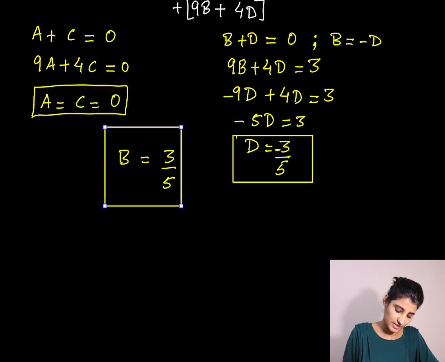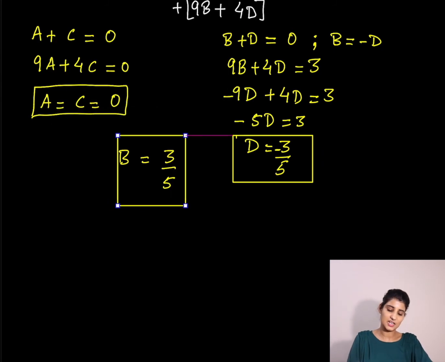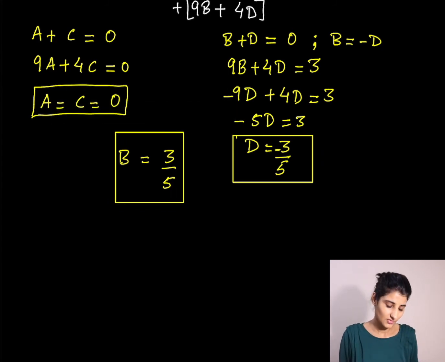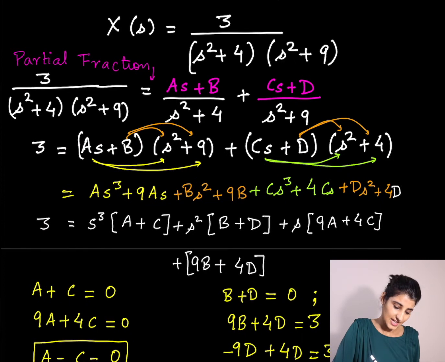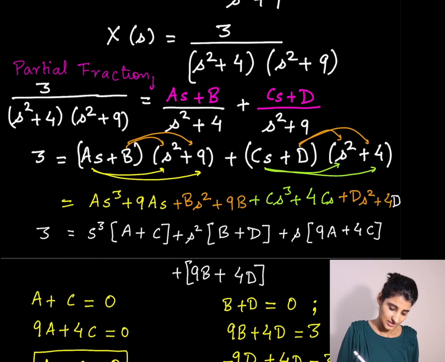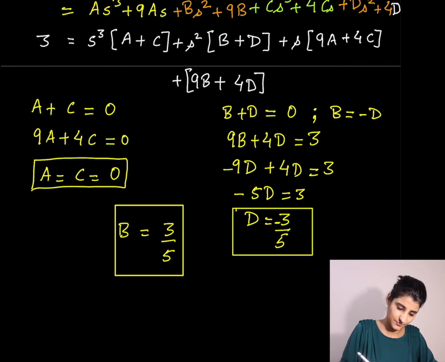So we got the values of a, b, c and d, right? Our xs now is equal to, let me write it down below there.